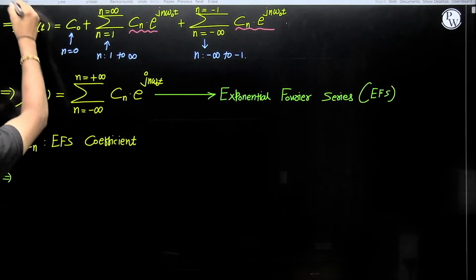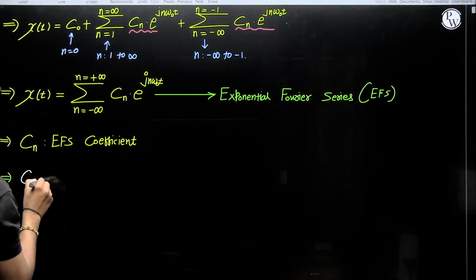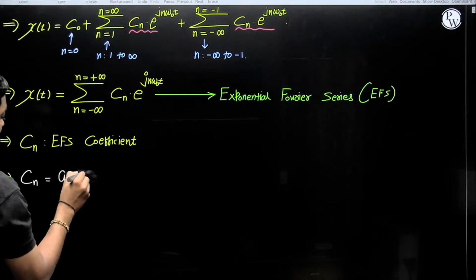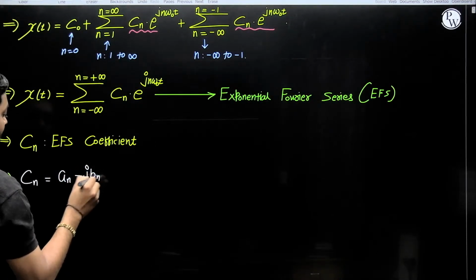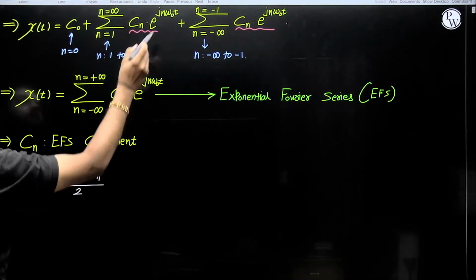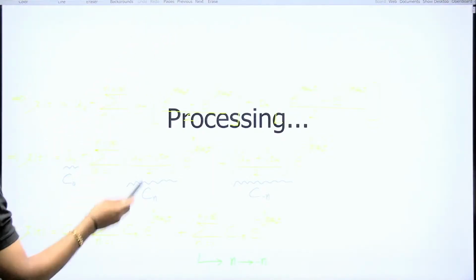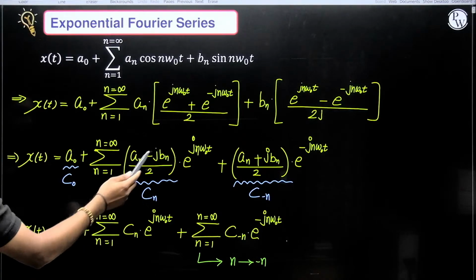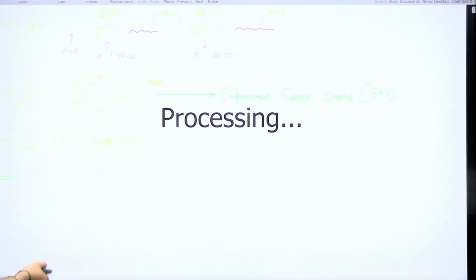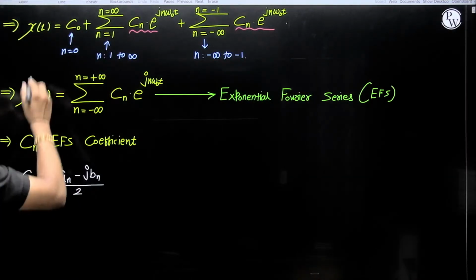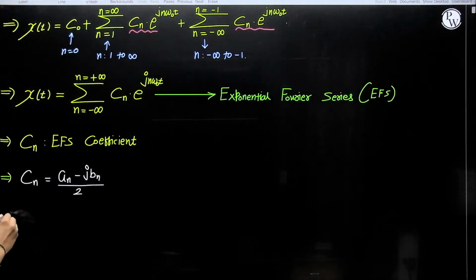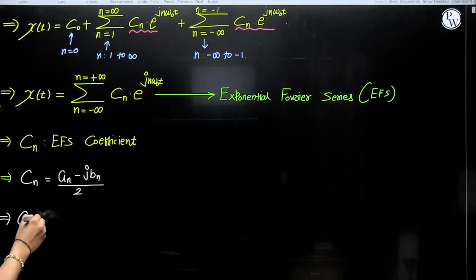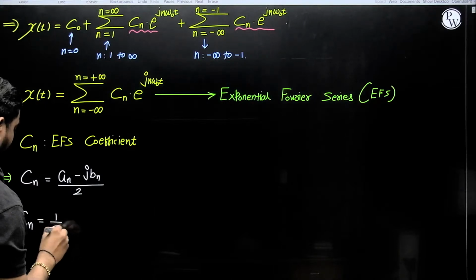See, c n is equal to a n minus j b n divided by 2. Now already we have the formula for a n and b n. So here c n is equal to, I am taking 1 by 2 common, a n minus j b n.